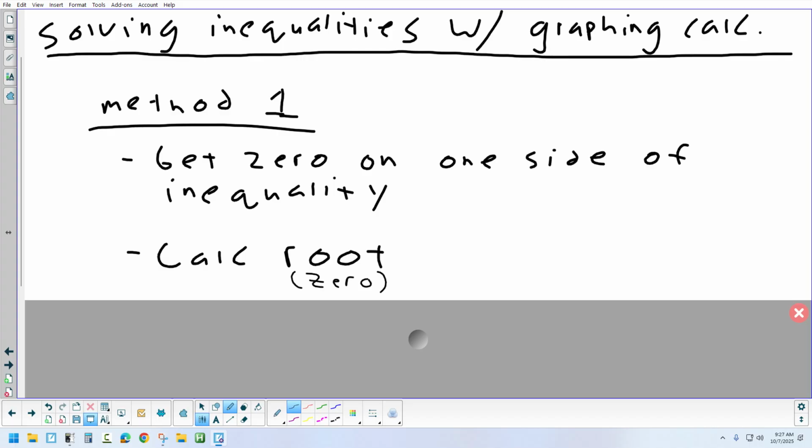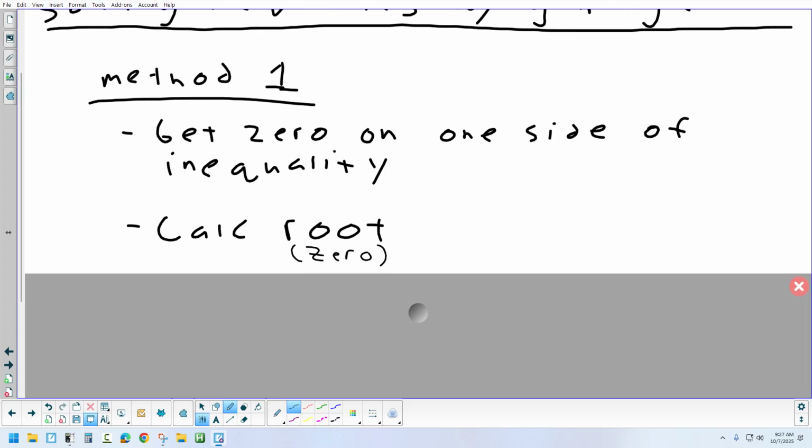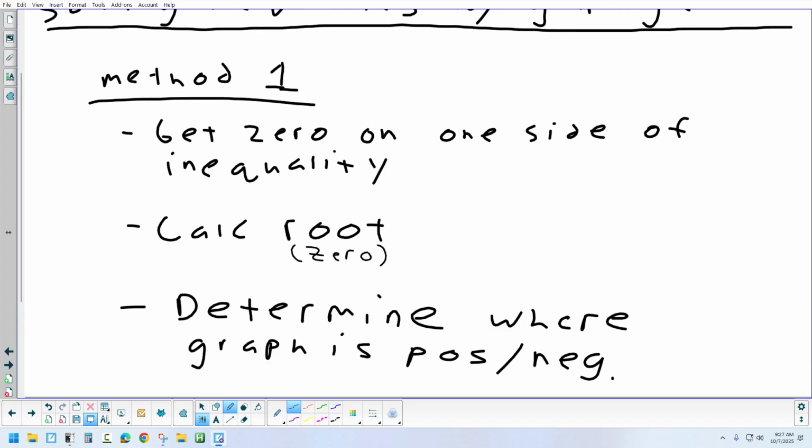And then depending on what the question asks, the answer is either going to be everything above the 0 you just calculated, or it could be everything below. Whether or not they want the positives or the negatives depends on the question. Did it have a less than 0 in the question, or did it have a greater than 0? Greater than 0 is positive. Less than 0 is negative.